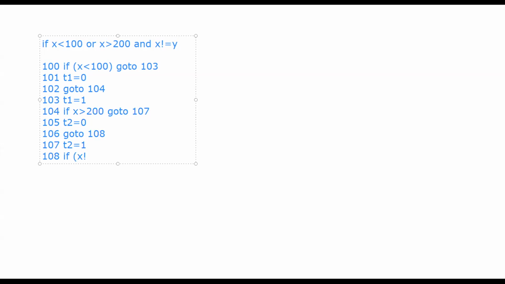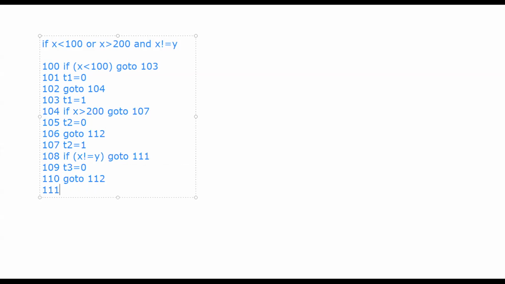If x is not equals to y, then go to 111; if it is false, then go to 112. 112 is the exit from the program, the exit condition.